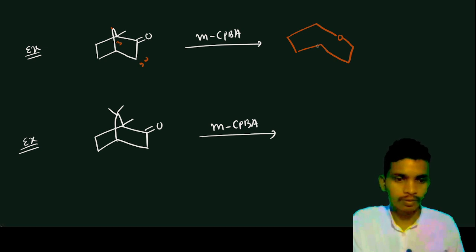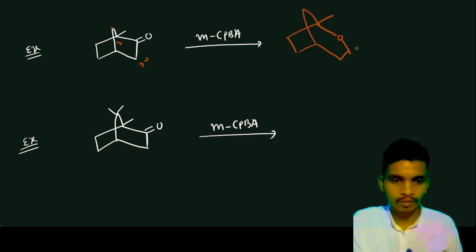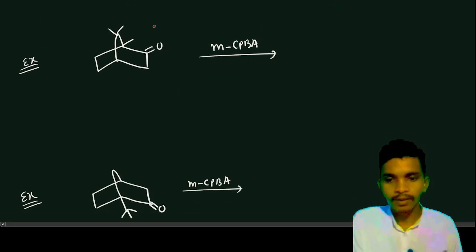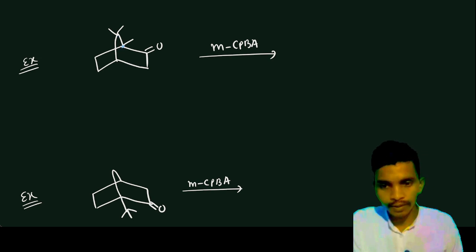Okay, and this is going to be like this. So similarly here, but now this is very important. Now if this is the 3-degree and this is the 2-degree, it's fine.